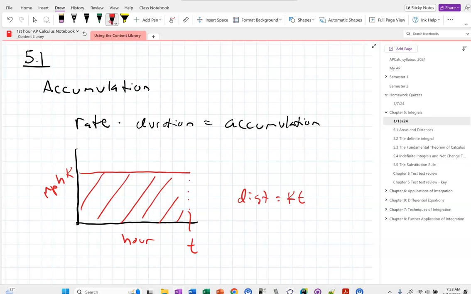Is everybody okay with this idea? Okay. That's the big idea from section 5.1. If I do a rate times a duration, that's going to lead me to some measure of accumulation, which is going to be the same as the area under a curve.